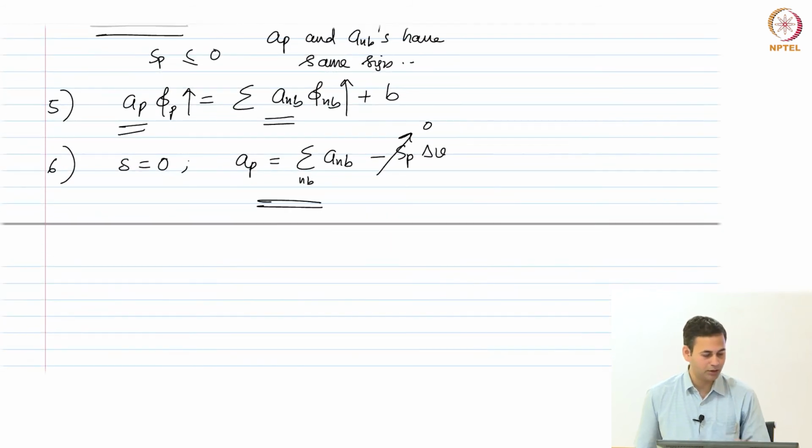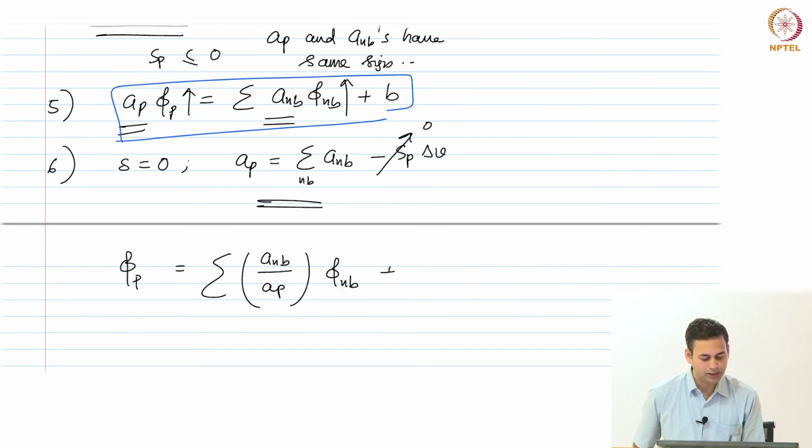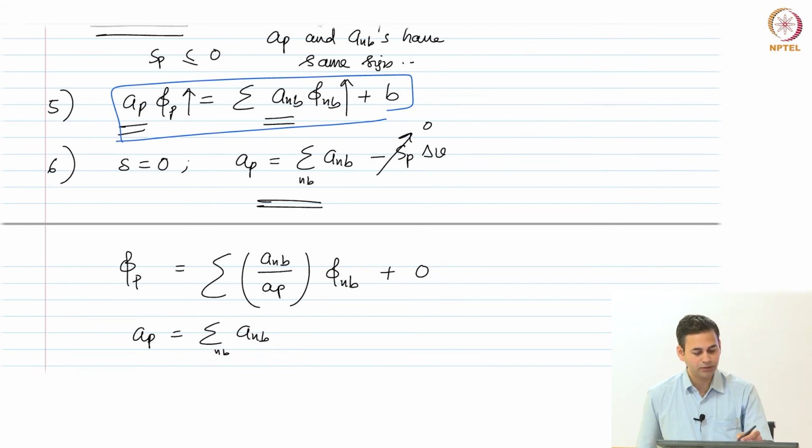What that means is, if we rearrange this equation, if I were to write phi P, that is for the primary cell, this would be sigma A and B by AP times phi and B plus B, which is now 0, okay. I do not have a source term, so this is 0. Okay, now I got some equation here, but what is my AP? Sigma A and B. Now, what does this equation tell us?